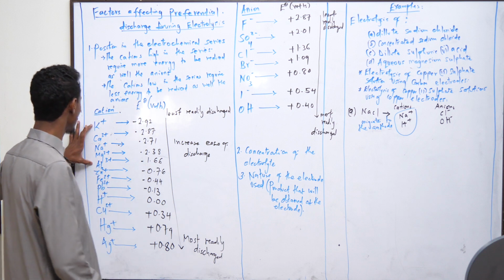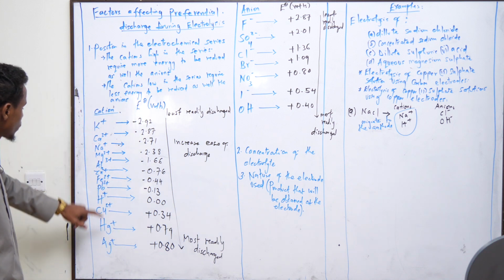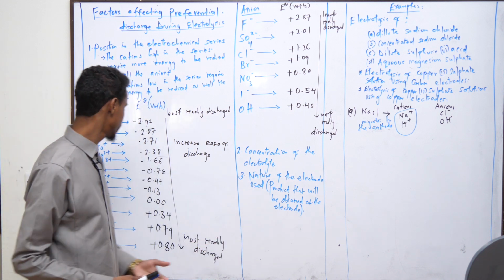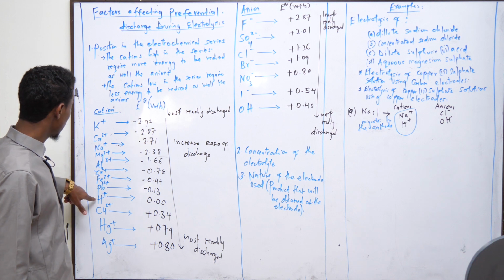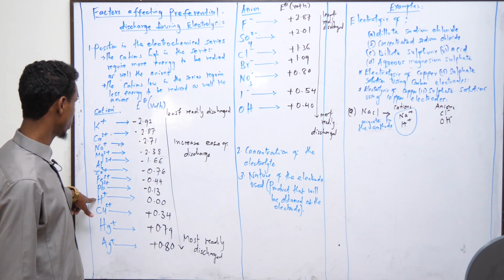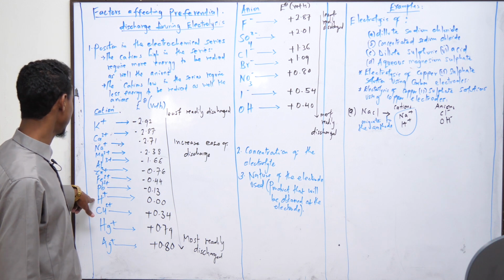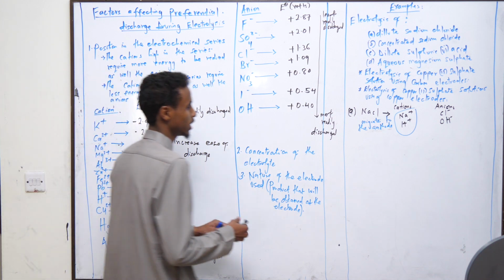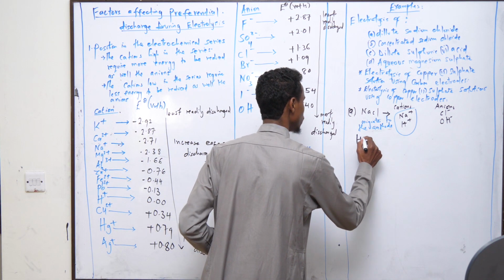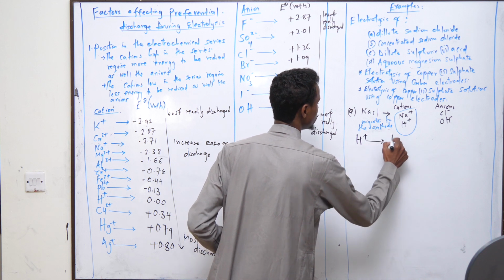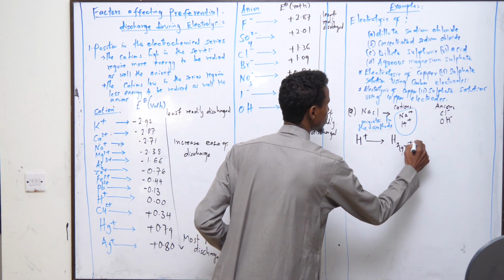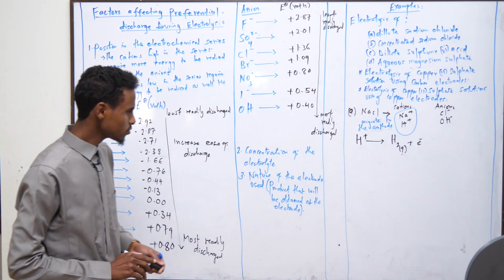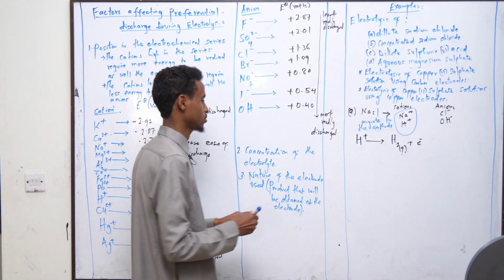Now in our electrochemical series, we can see that hydrogen is preferably discharged, or rather hydrogen has a higher tendency of gaining electrons as compared to sodium, and therefore we can get hydrogen ions becoming hydrogen gas plus electron. That is it. This is the cathode.